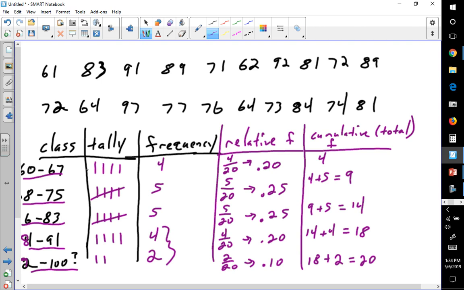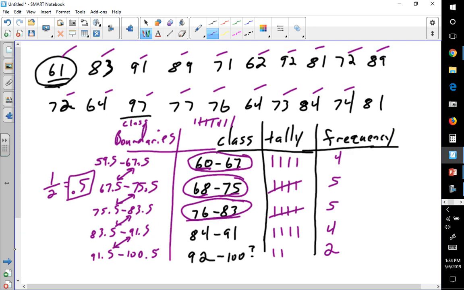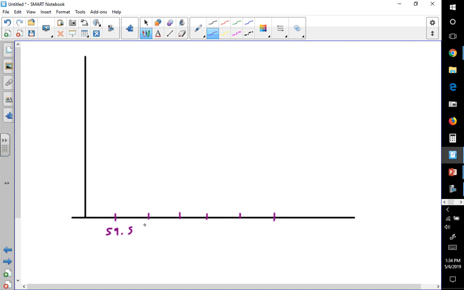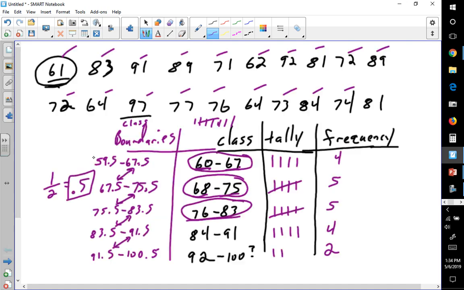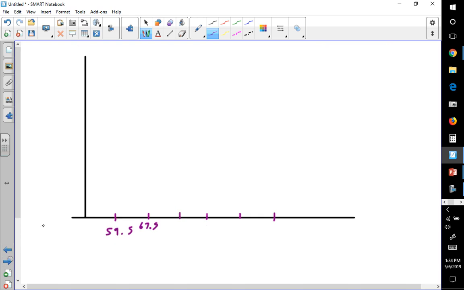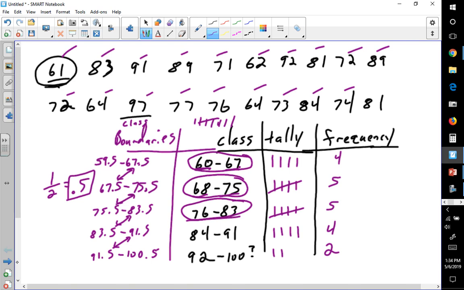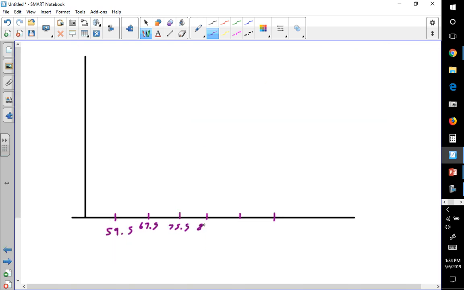So let's see, go the right way. The first one goes to 67.5. The next one goes to 75.5. The next one goes to 83.5. Then 91.5.